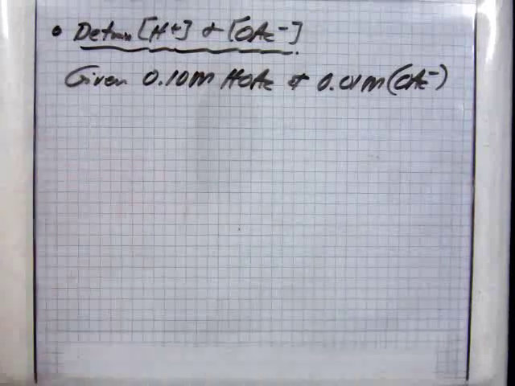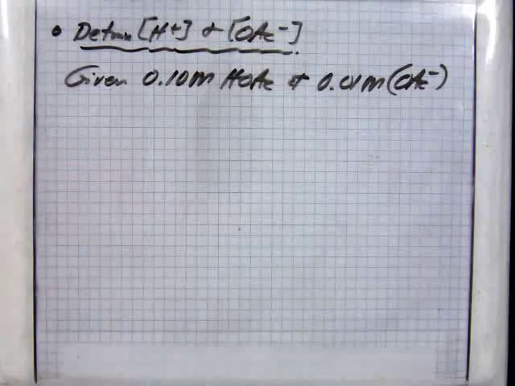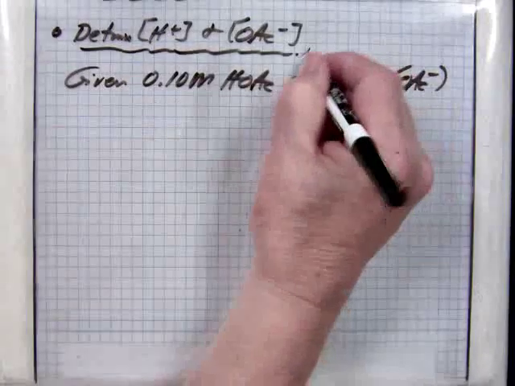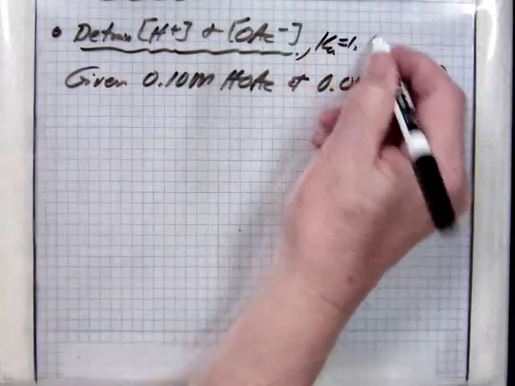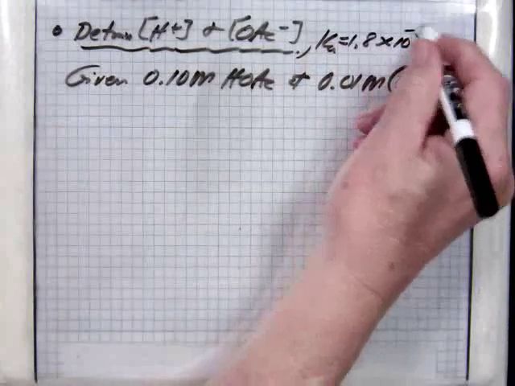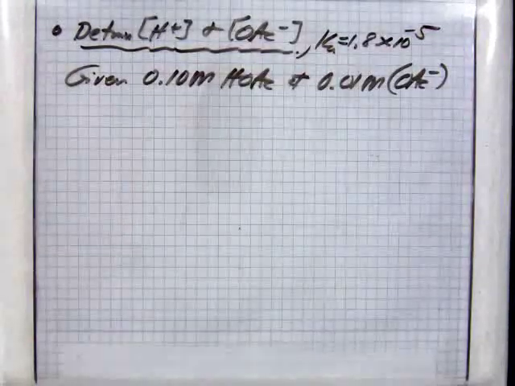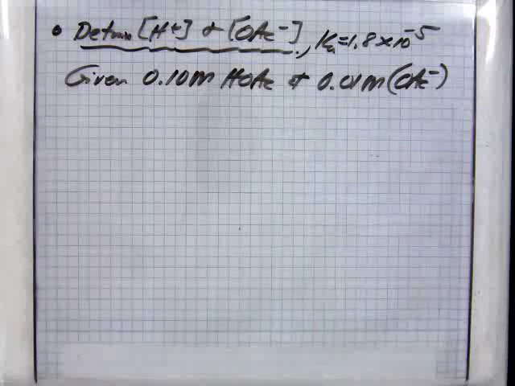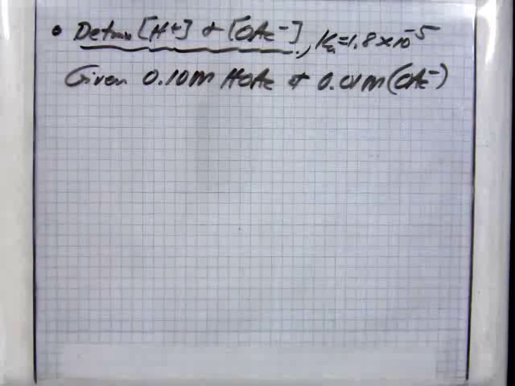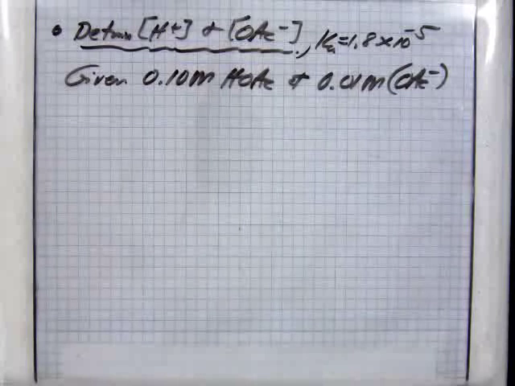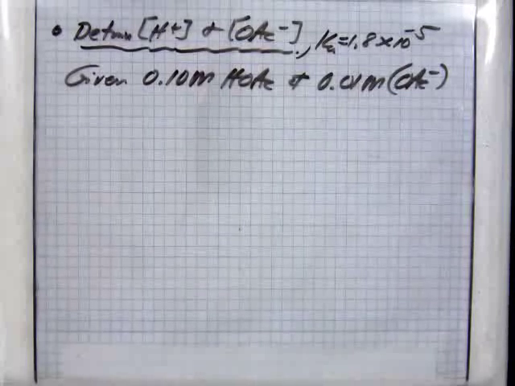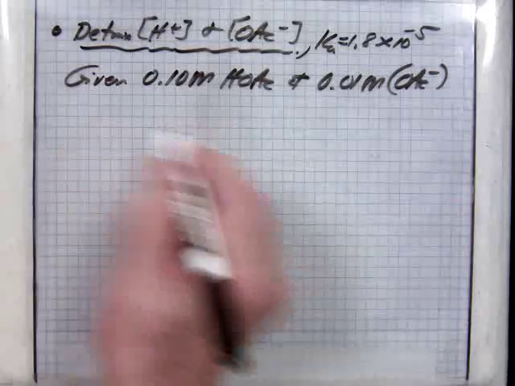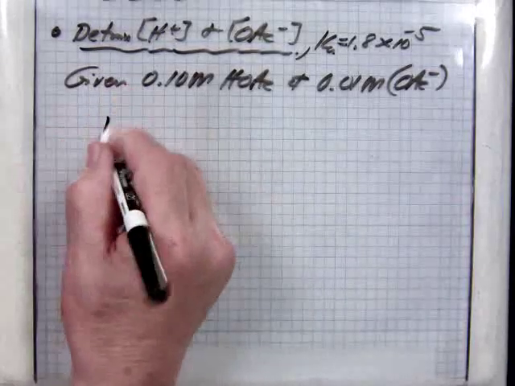Now, when calculating the hydronium ion for a weak acid in pure water, you can use the square root formula. You know that. In the common ion system, you cannot. The reason is you've already got part of the ion concentrations present. So in setting up the ICE table, you'll see this.